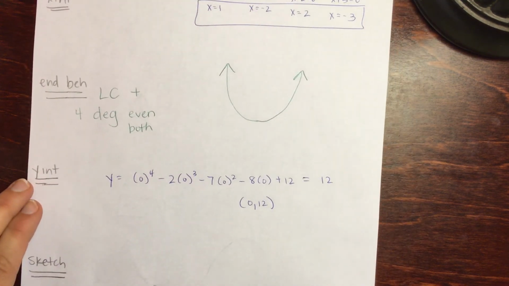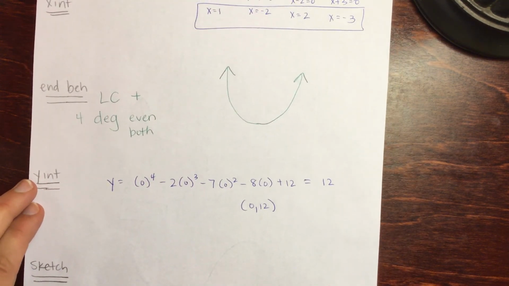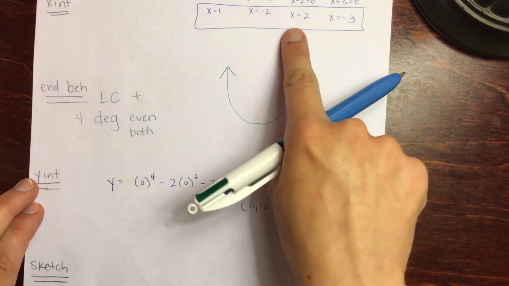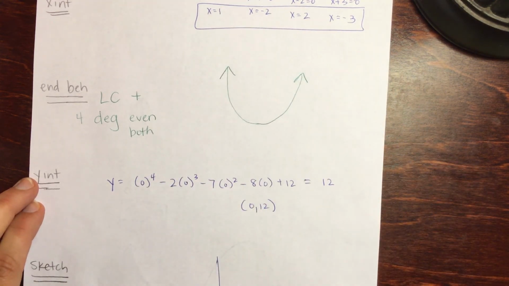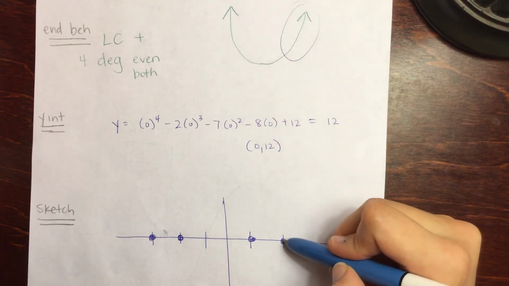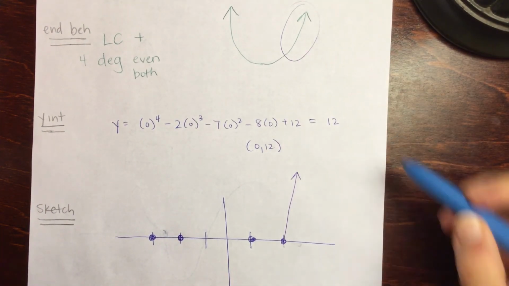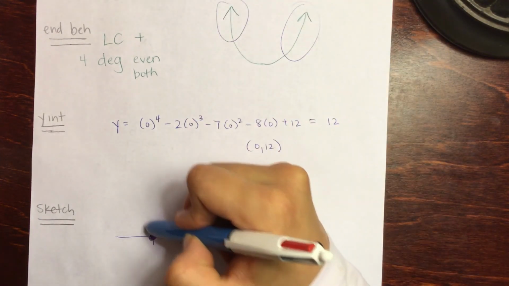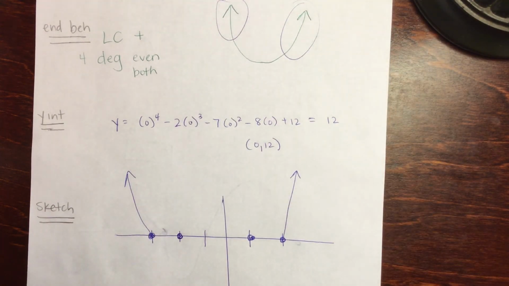All right, final step. Now let's sketch. So we need to start by plotting our x-intercepts. Okay, in end behavior, the rightmost x-intercept needs to be pointing up. The leftmost x-intercept also needs to be pointing up. Now we are going to connect the dots in nice smooth curves.